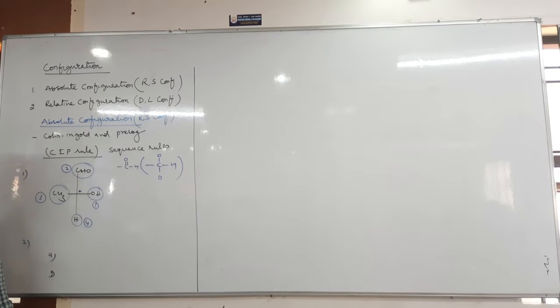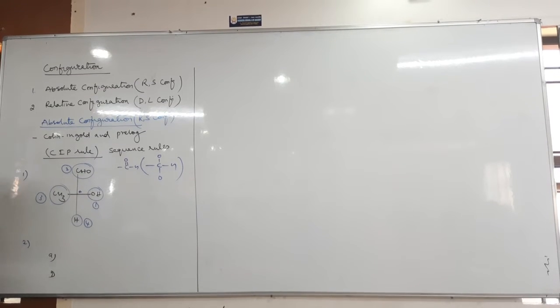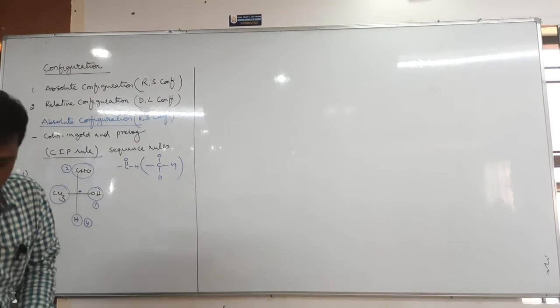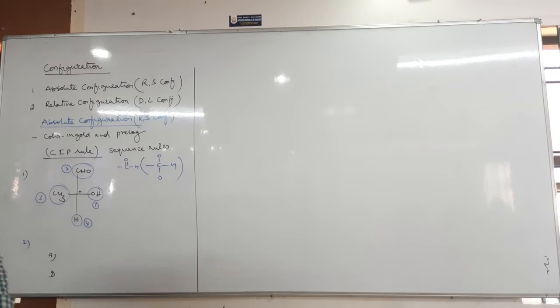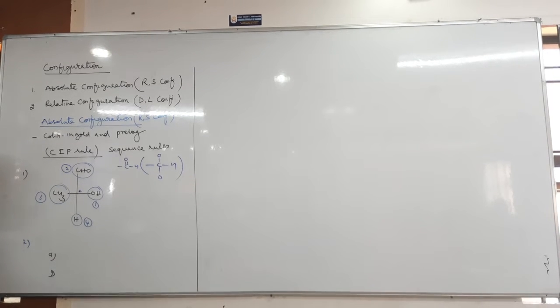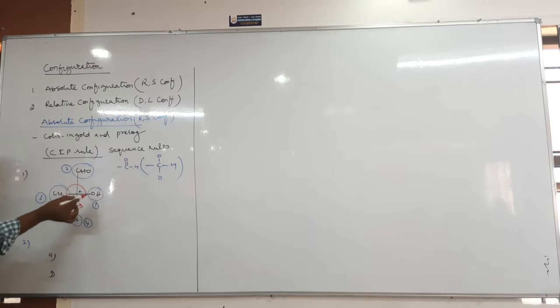Only these 2 rules. Now tell me the configuration. The first rule we already did here. Now the second rule is to connect 1, 2, 3, without bothering about the fourth position. Is this 1, 2, 3 clockwise or anti-clockwise?